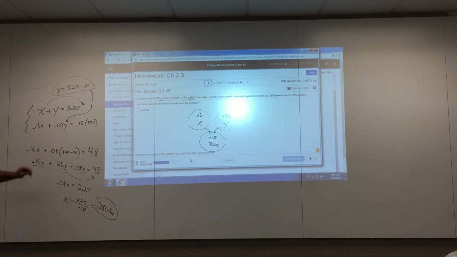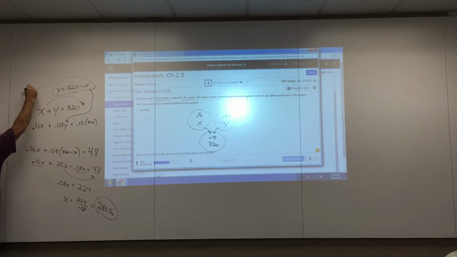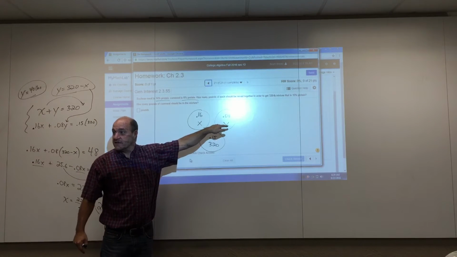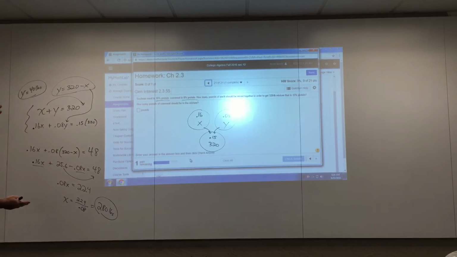If x is 280, I can go back to the top and tell you what y is. 320 minus 280, y is 40 pounds. And that's kind of what we predicted. We said we wanted a lot of this stuff and a little of this stuff. And that's the actual answer. That's the actual amounts we want.